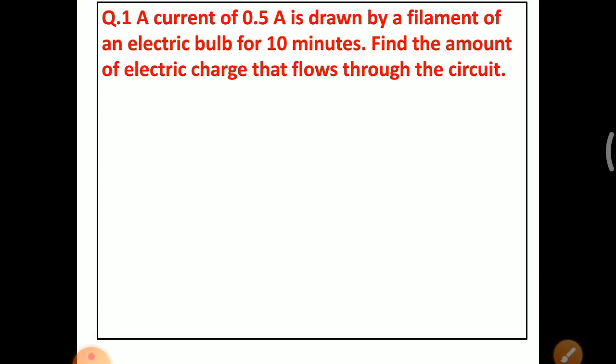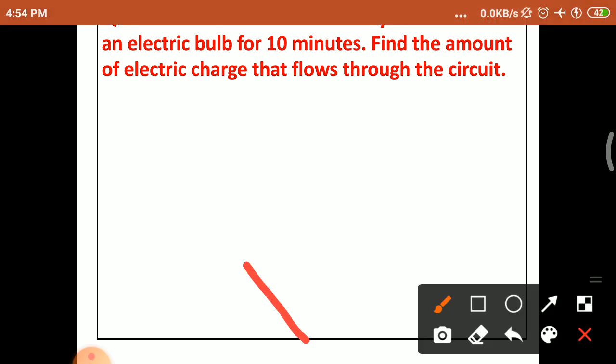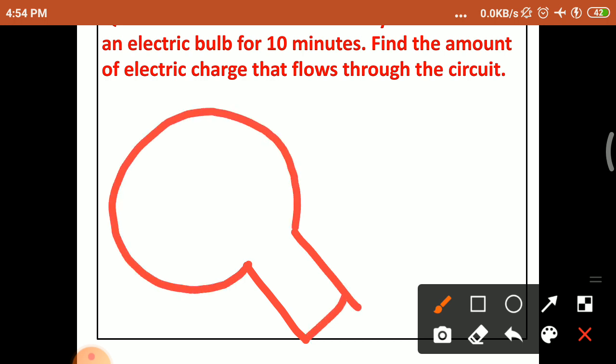The first problem: a current of 0.5 ampere is drawn by a filament of an electric bulb for 10 minutes. Find the amount of electric charge that flows through the circuit. See, this is an electric bulb. The electric bulb contains the filament.